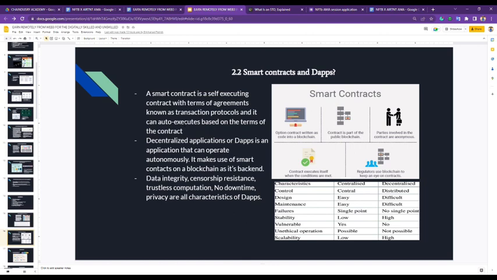So if you go through this infographic, you are going to see some other details about smart contracts. This other infographic over here compares a dApp and a traditional app based on characteristics. This is the traditional app first here.